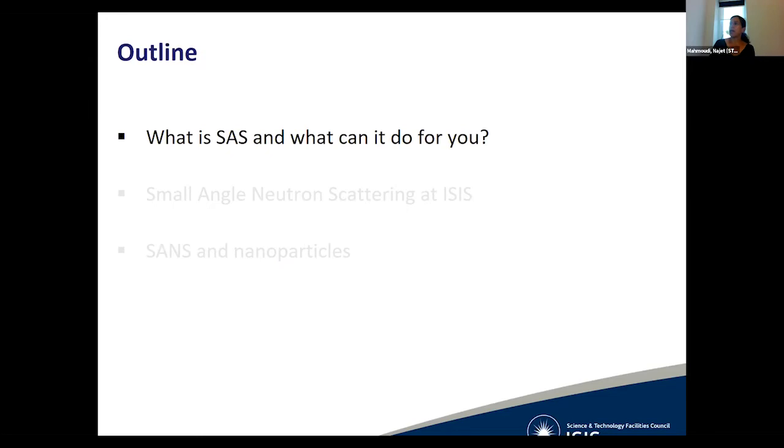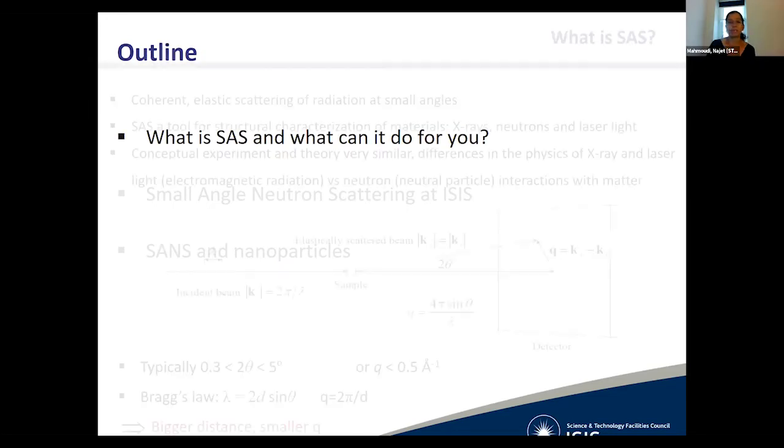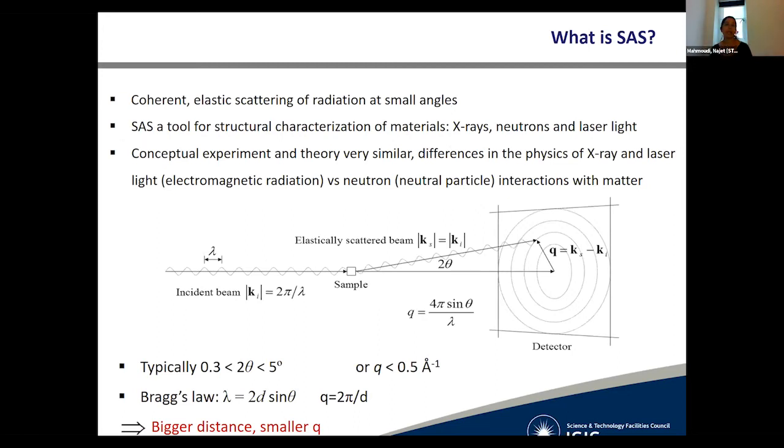So first, what is SAS and what can it do for you? Small angle scattering is a coherent, elastic scattering of radiation at small angles, whether the radiation is X-rays or neutrons or light. It is used for structural characterization of materials. Conceptually and theoretically, SAXS, SANS, and SALS are really very similar.